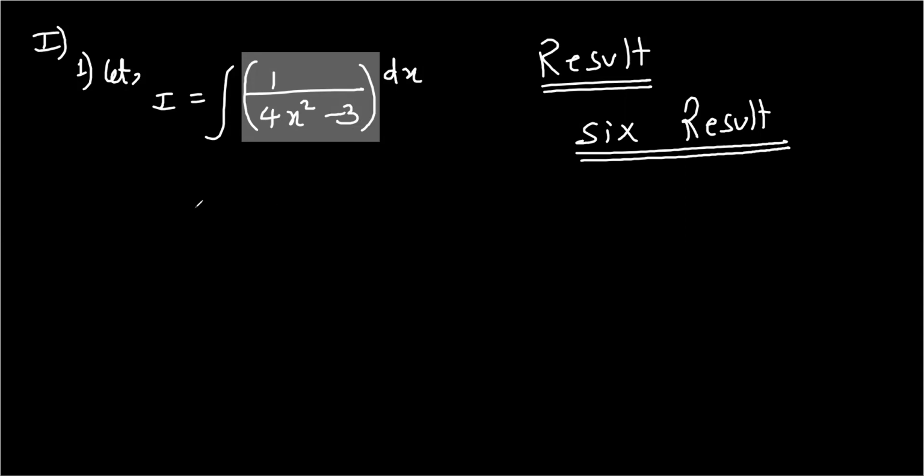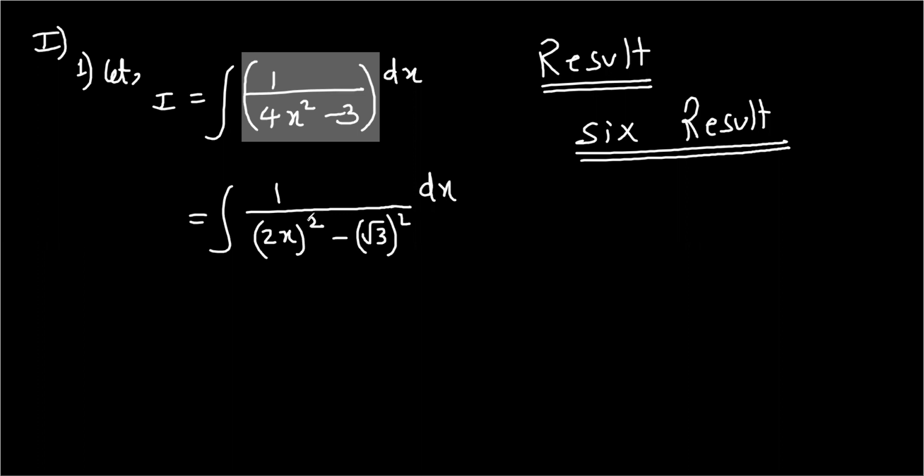So see, before I apply the results, I would like to write this in exactly the way the results are. So here 1 upon, I write 4x square as 2x the whole square, okay? And 3 I can write minus root 3 square. And then what I have, dx. Now I notice it is in the form 1 over variable square minus constant square.